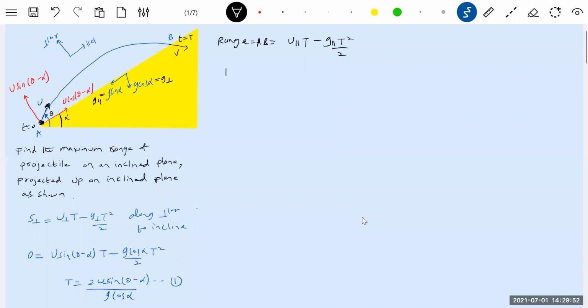Let me call the range R. I think this will be very lengthy, anyway we'll write it. u cos(theta minus alpha) times 2u sine(theta minus alpha) by g cos alpha, minus g sine alpha by 2 times the square of 2u sine(theta minus alpha) by g cos alpha.